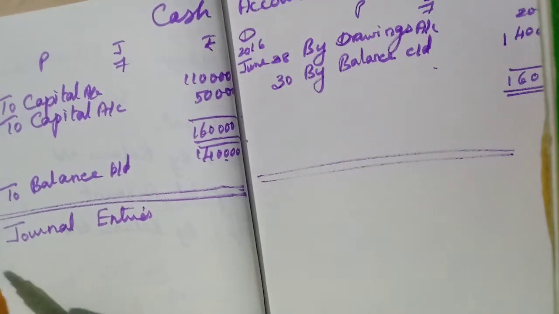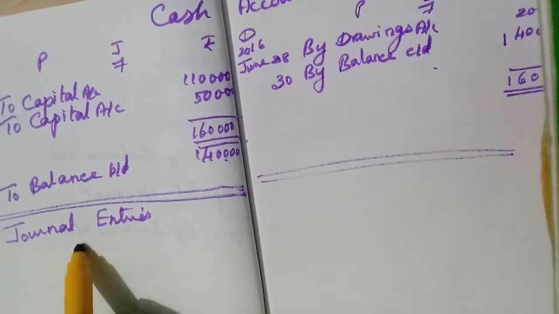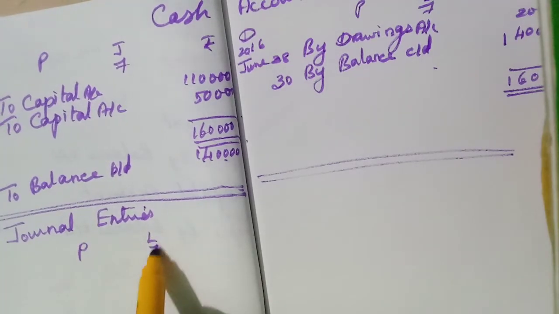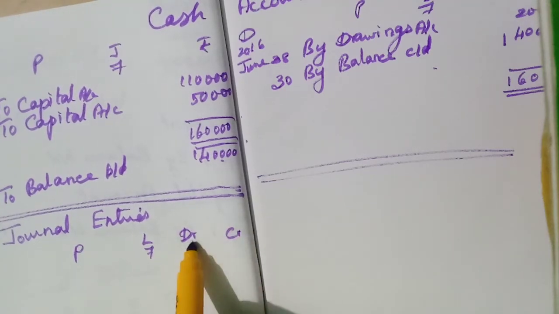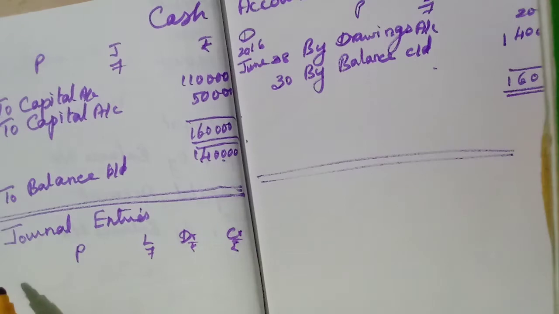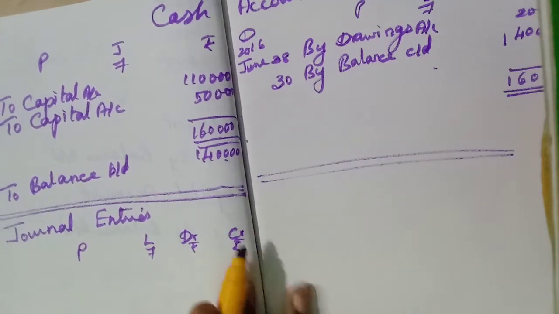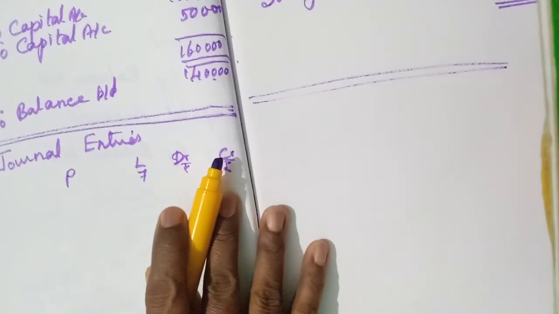You know 5 columns, isn't it? Date, particulars, LF, then debit, credit, rupees. Sold goods and check received but not deposited into the bank.